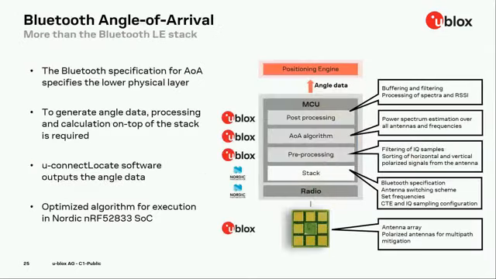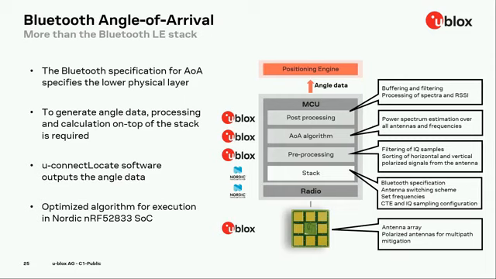I would like to show a slide that has been covered at length during last week's Nordic webinar, but it's a good opportunity to summarize a little bit what our solution covers. If you think of the Bluetooth direction finding signal chain, we have the antenna board that picks up the transmitted signals from the tag and drives the RF signals to the gray block there that represents the Nina B411.